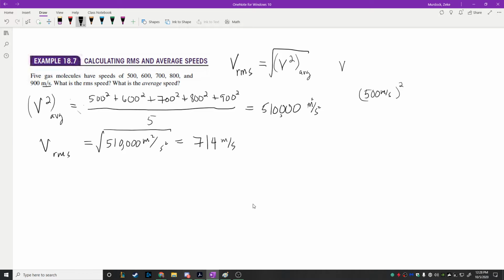So what would the average speed be? Well, V average is just going to be 500 plus 600 plus 700 plus 800. Actually, I think I know what it is. I think it's going to be 700. Right? Because this has to be 700, right?